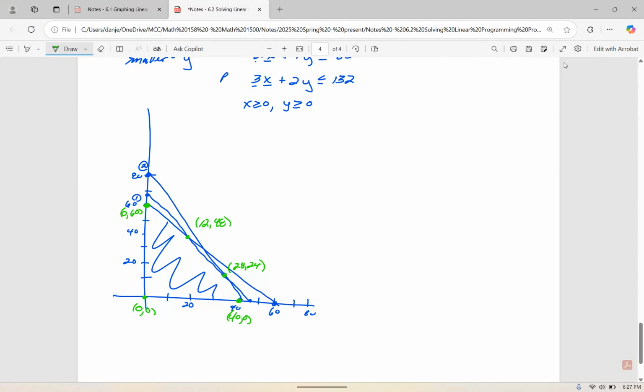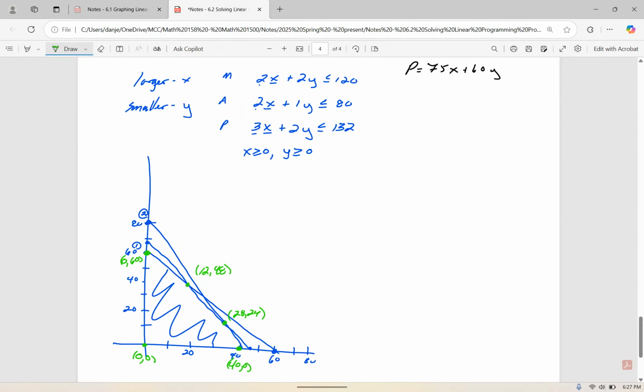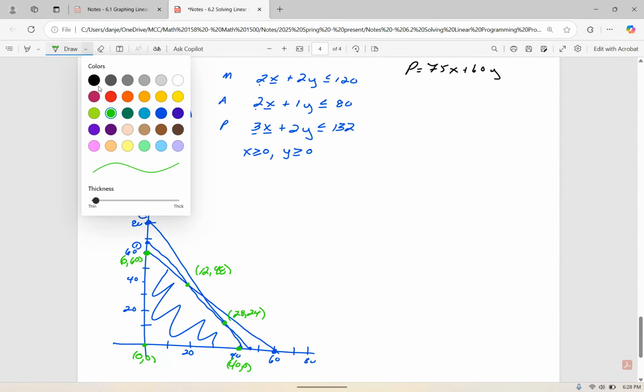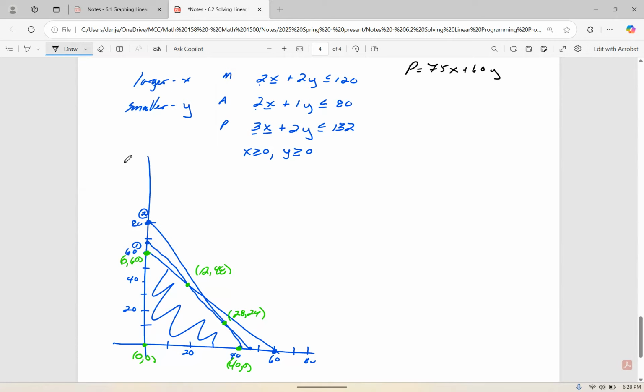Okay. I should also be able to do the algebra that we've been pursuing over the last several videos to find those points of intersection. Then I want to find my profit for each of those various points.